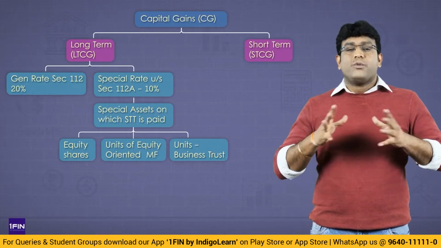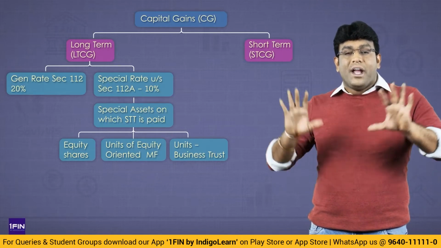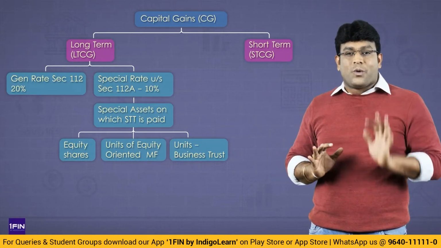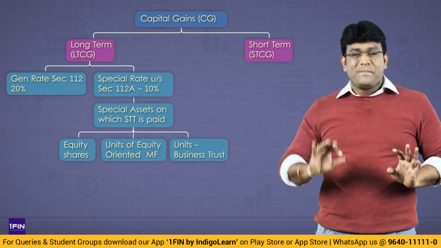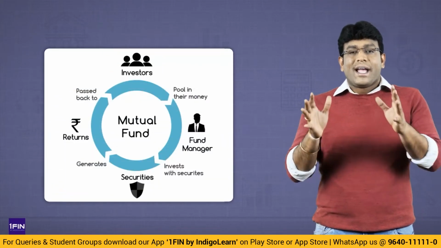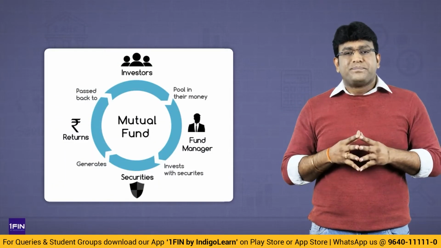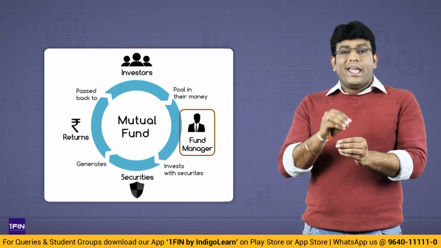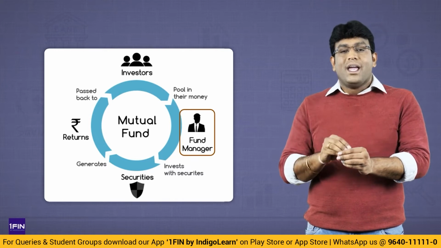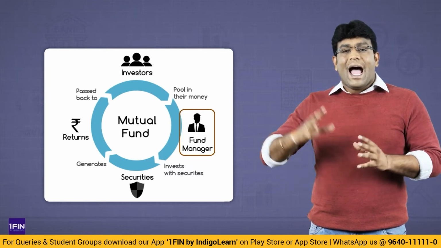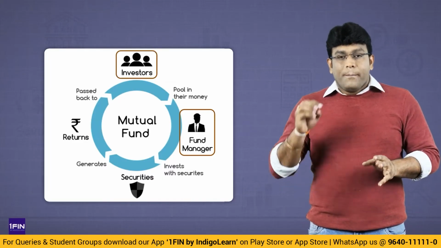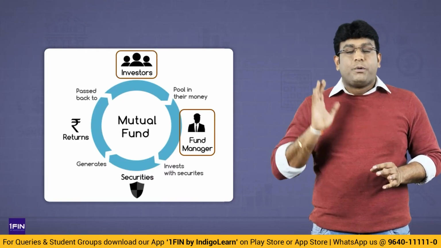Now, when I ask you what is mutual fund, don't tell that standard TV dialogue saying that mutual fund is subject to market risk. Read all documents carefully. No, don't say that. Mutual fund is nothing but a collective investment scheme where one person has got knowledge, wherein if he puts the money at one particular company, he knows that he will get profits. And there are different people who are ready to act as investors, but they do not have knowledge where to put that money.